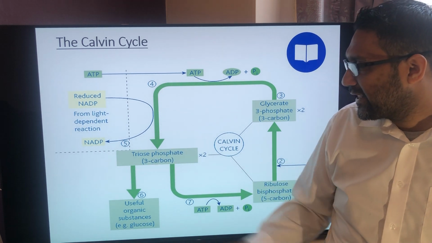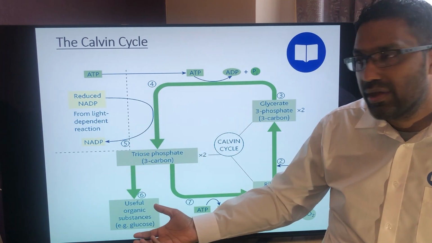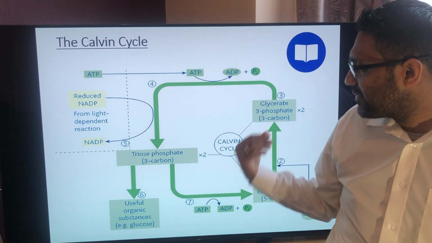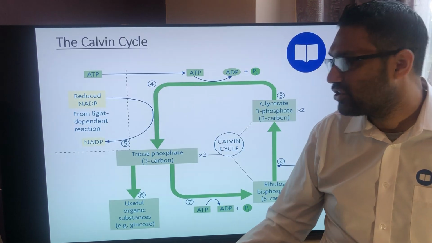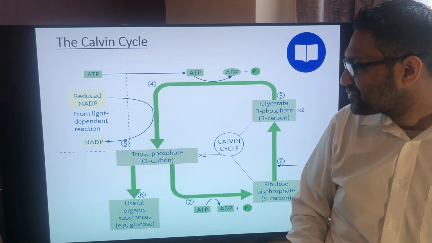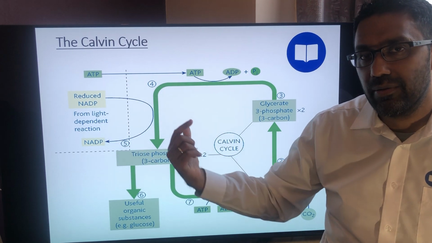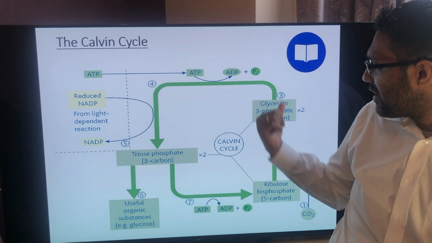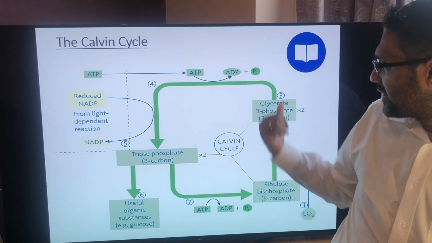What needs to happen is that one of those carbons needs to come off this little conveyor belt. Here's an analogy: it's a bit like coming back from the airport and trying to collect your bags. The bags go round and round the conveyor belt, and you drop one off, then another bag, and you drop one off.